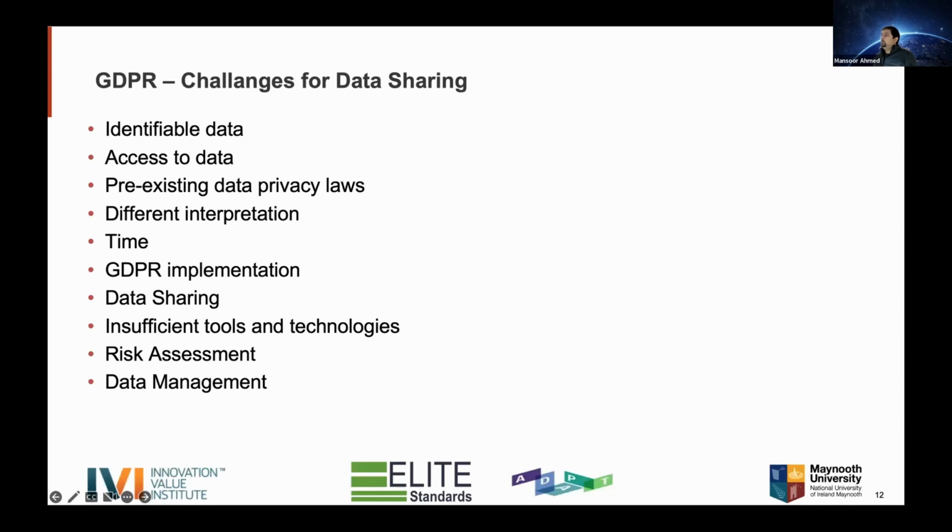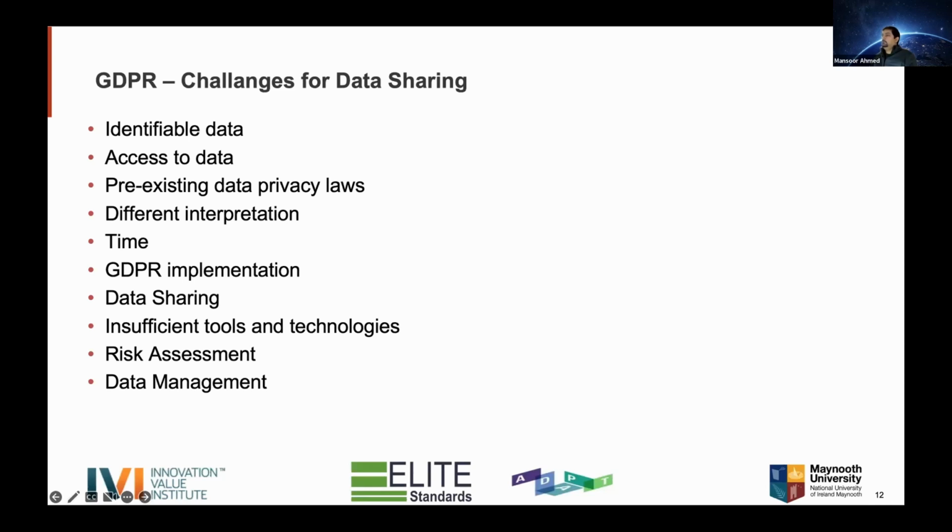And there are much more concerns about data protection, which makes it, I should say, more difficult to share data for scientific purposes. So basically, GDPR limits some projects to only sharing aggregated data as a way to avoid sharing individual level data. And there are not sufficient tools and technology which exist to comply with the GDPR.